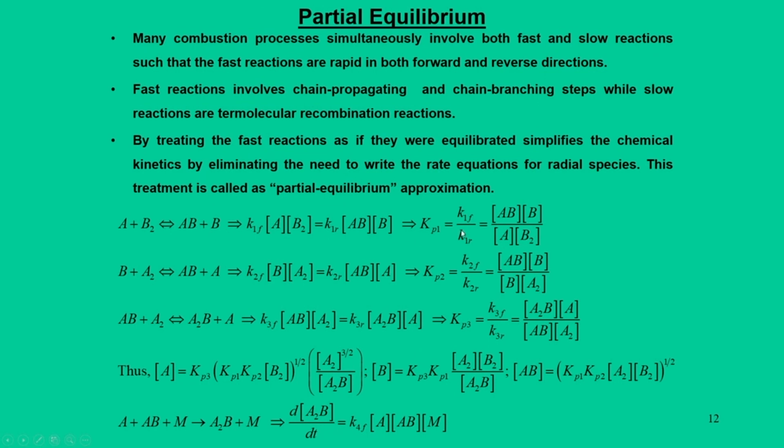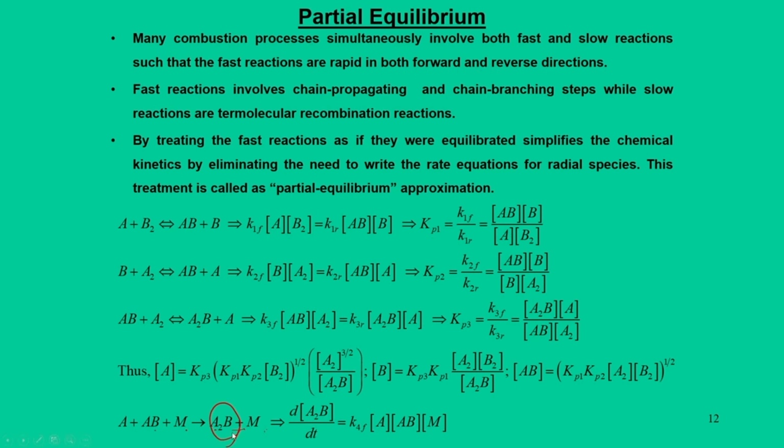While doing so, it is logical to assume that the rate of forward reaction and the rate of reverse reaction are known, and you can express them in terms of their equilibrium constants. From this, it is possible to evaluate the concentration of the actual reaction which is occurring. The actual reaction is A plus AB plus M is equal to A2B plus M. So, A2B is the real need of our requirement, which we need to find out.